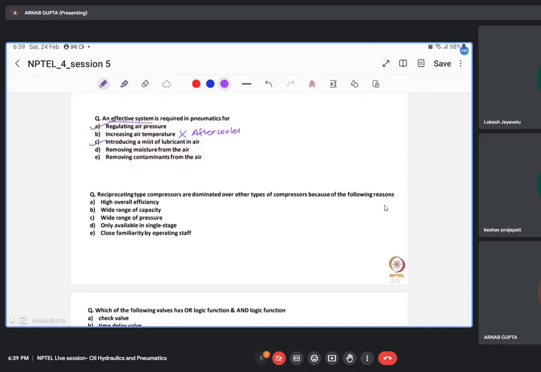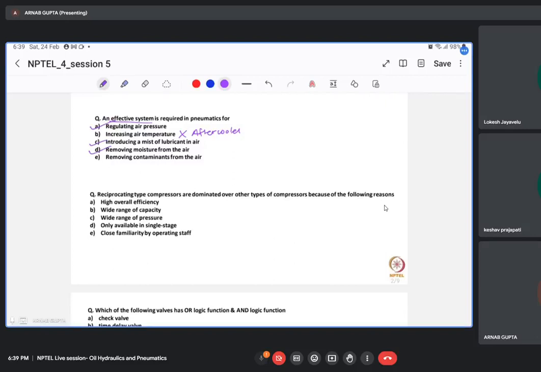Next is removing moisture from the air. Yes, this is also required so that the air we are using is essentially dry and clean, which reduces the chances of corrosion in the pneumatic components, because many of the components are made of steel.